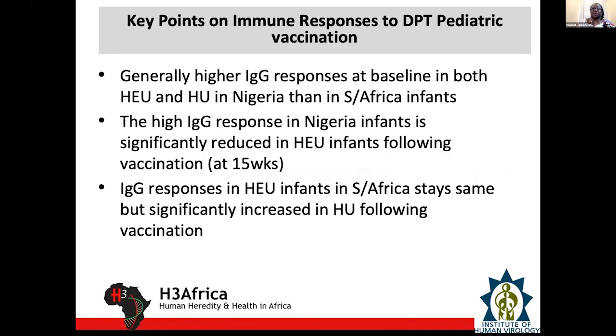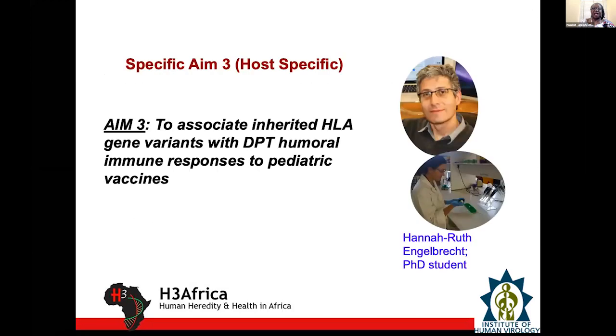In summary, we see higher IgE responses at baseline in the Nigerian cohorts than the South African. And while the response is reduced in the Nigerian cohort, the exposed one in South Africa is increased.